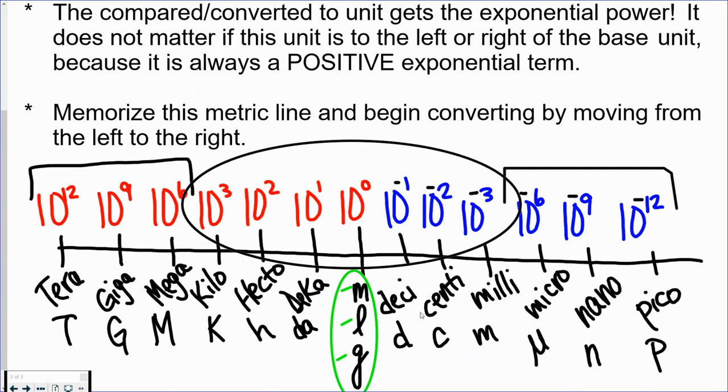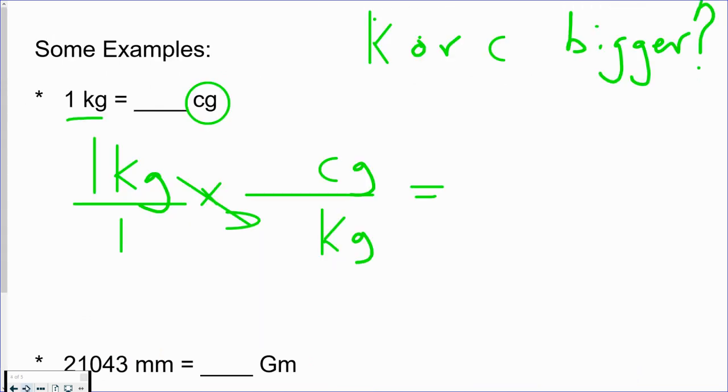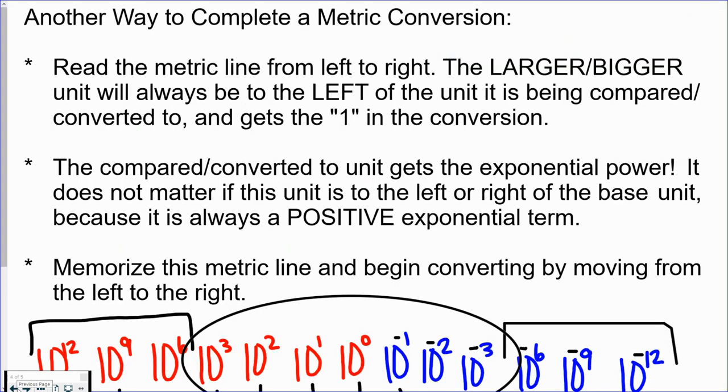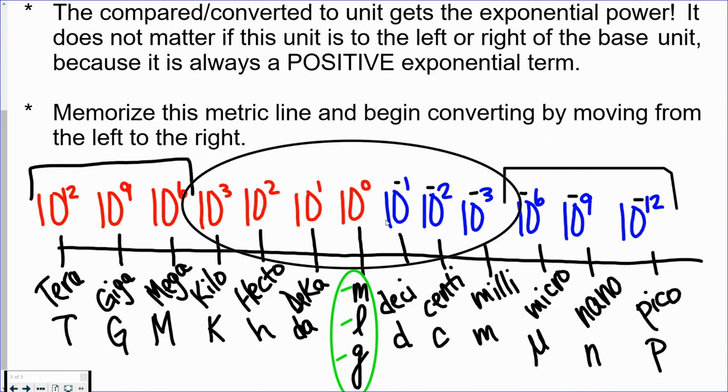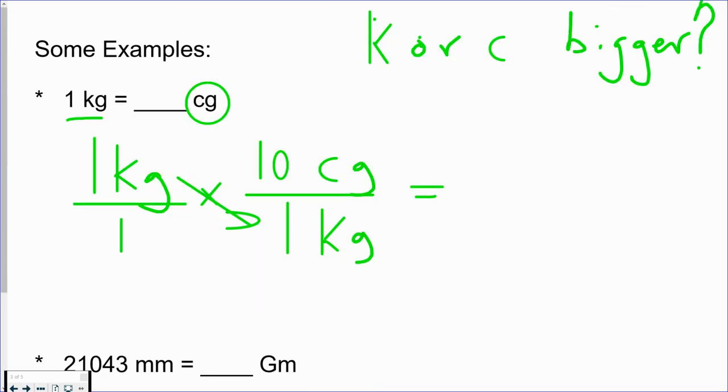Centi is 10 to the negative second. So 10 to the third is bigger than 10 to the negative second. The bigger unit always gets a 1. So now up top, we put a 10, and the exponent is the number of steps we had to take on the line. So for example, from -2 to 3 is 1, 2, 3, 4, and 5. So this is going to become 10 to the 5th.